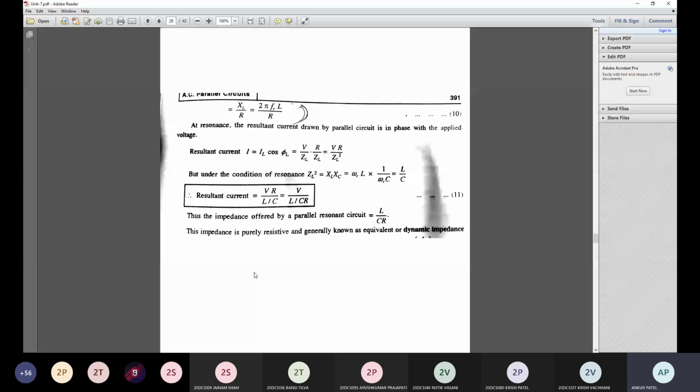You do not have to prepare this for examinations. You will be asked up to series resonance and its example. So does anyone have a query on this and the resonance condition?